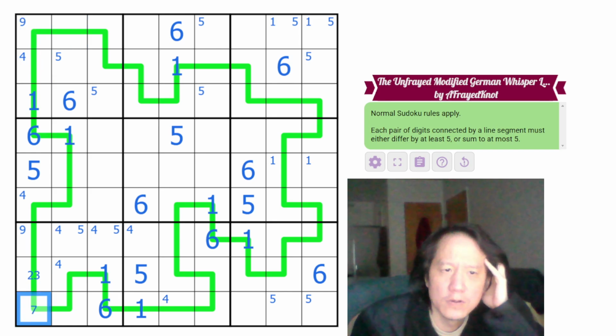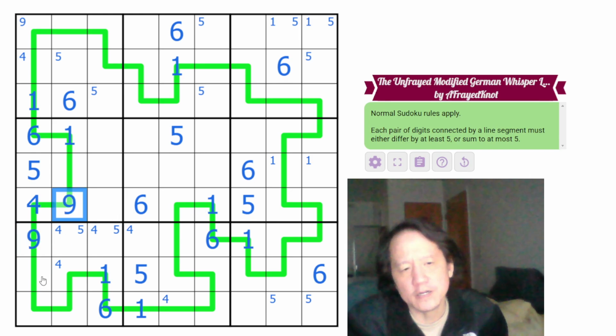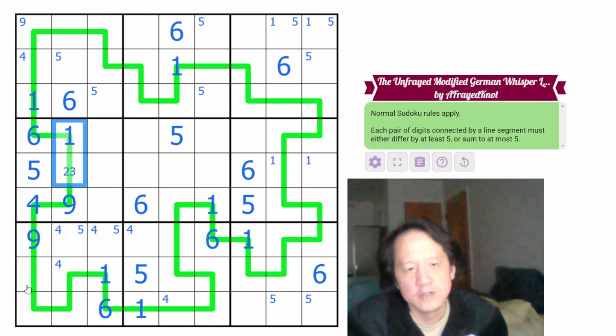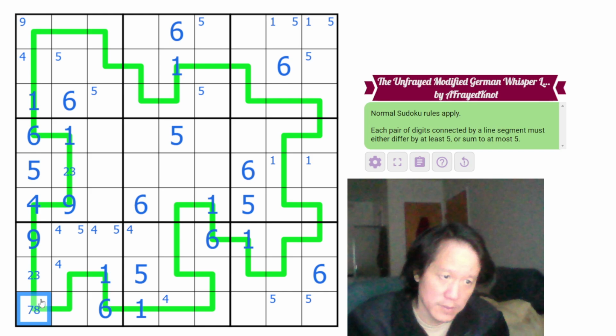Again, if this is 4, this is 9 and 9, which would mean this has to be 5 away from 9. So this would be 2 or 3. That would add up with 1 to add up to 5 or less. This would have to be 2 or 3. This would be 7 or 8. This would then have to be 2 or 3 also. That's interesting.